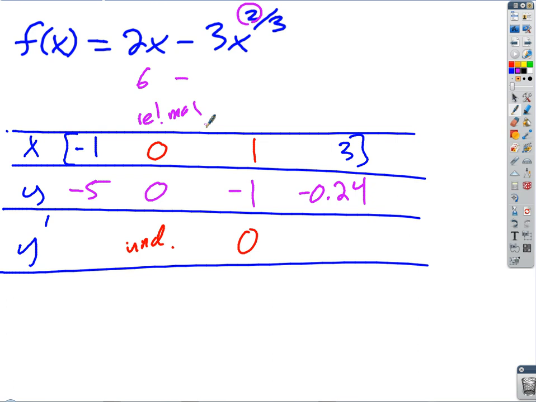It's jagged. But look, if the y values around it are smaller than this one, and this is a critical number, doesn't that mean it has to be a peak? How about that? Okay, and then here's our absolute minimum. How about that? Okay.